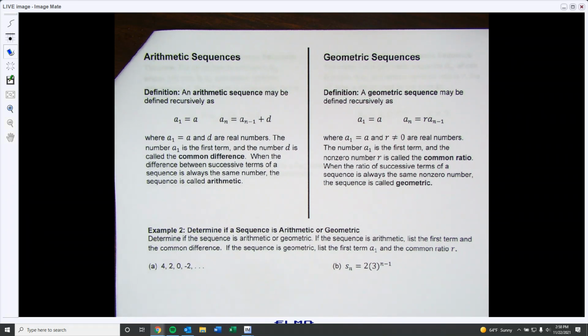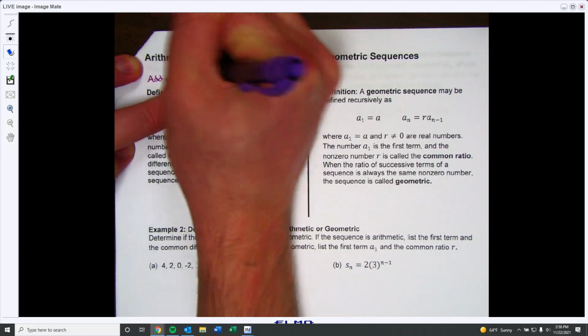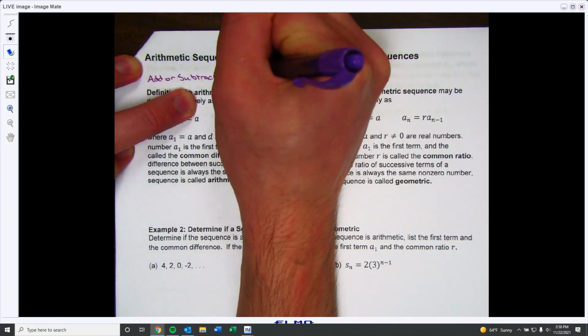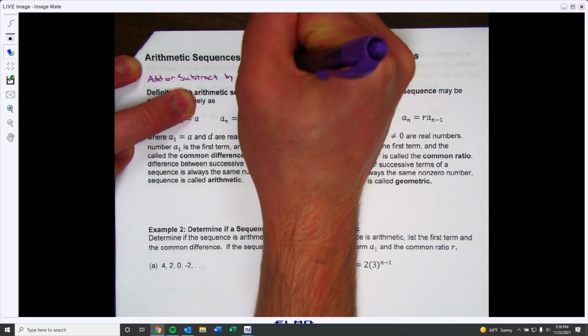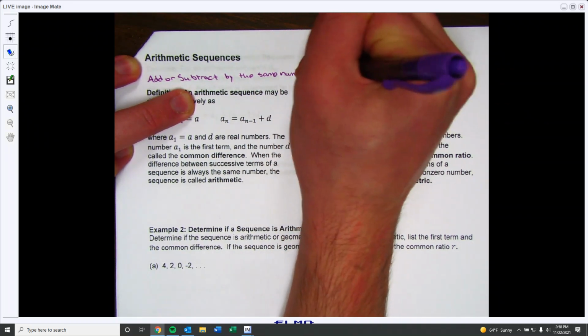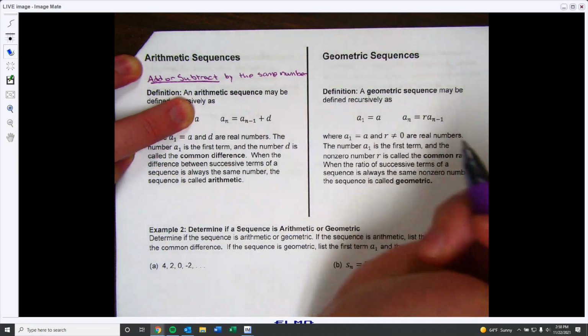And the way that they differentiate from each other, for an arithmetic sequence, what we do is we add or subtract by the same number. So for arithmetic, we add or subtract.